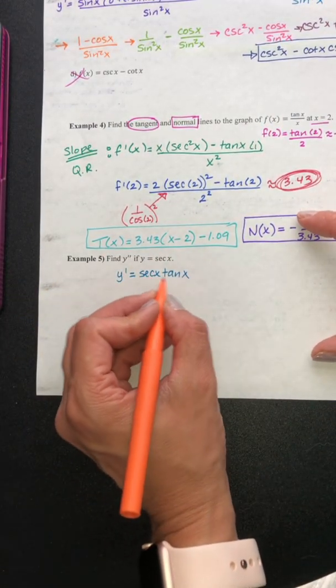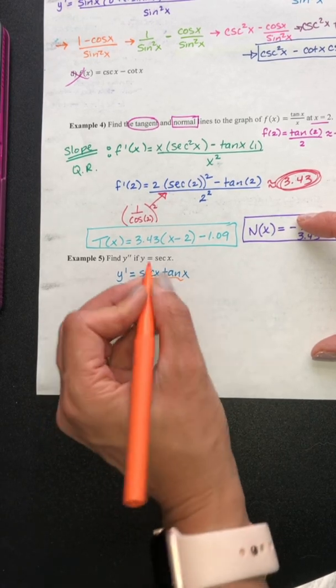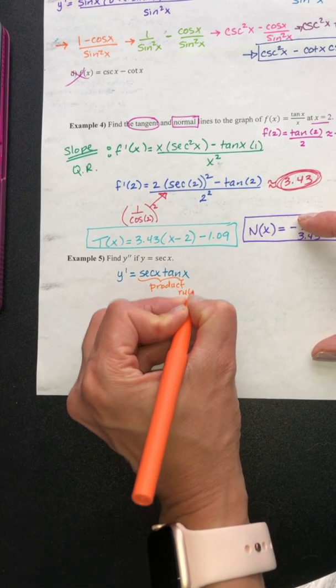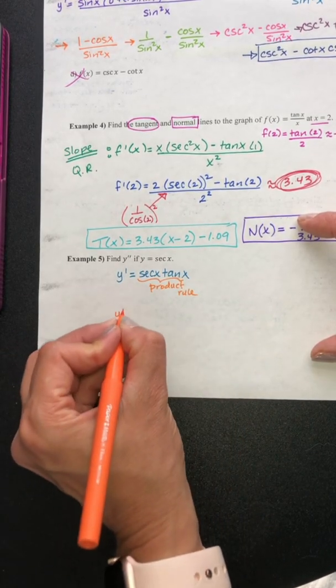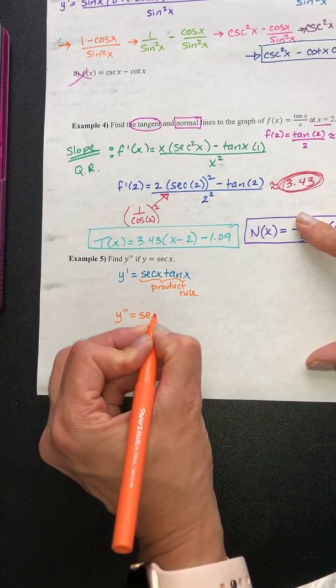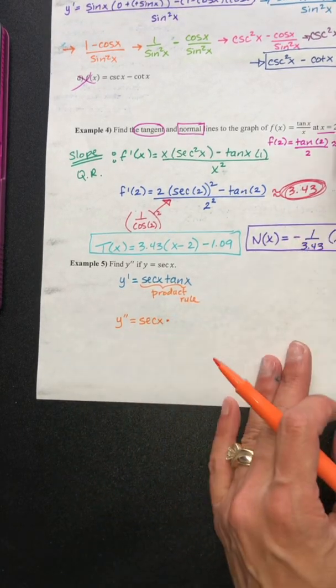Now here I have a quantity times a quantity, so that means I'm going to have to use the product rule on this portion. So y double prime equals, well, we need the first, which is secant x, times the derivative of the second, so the derivative of tangent of x.